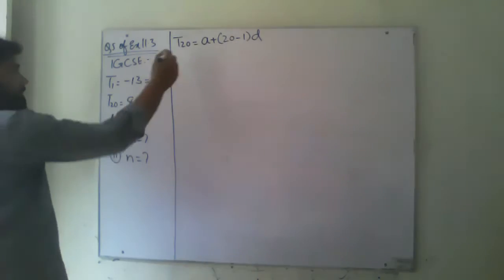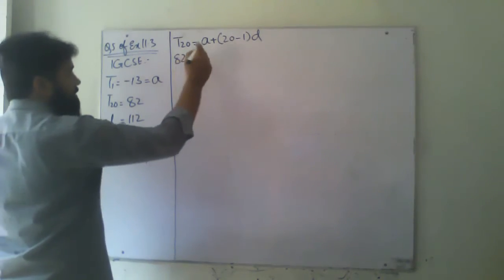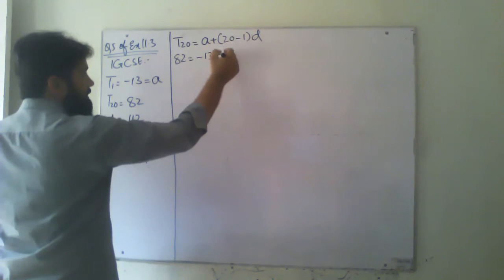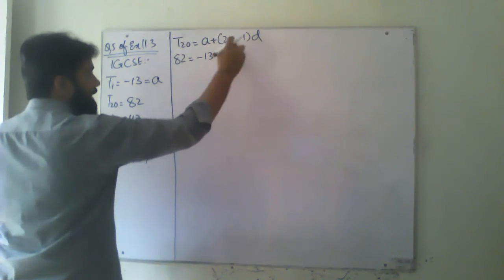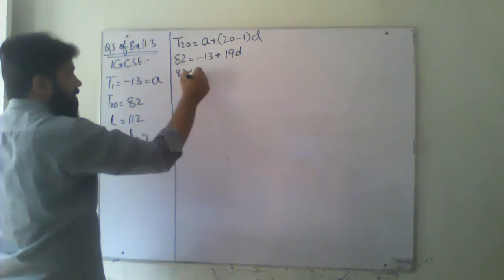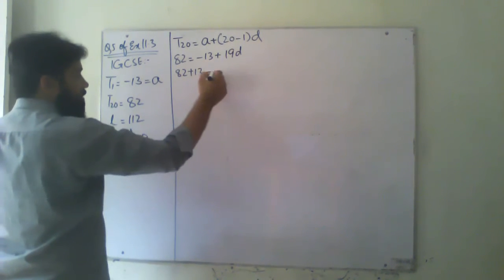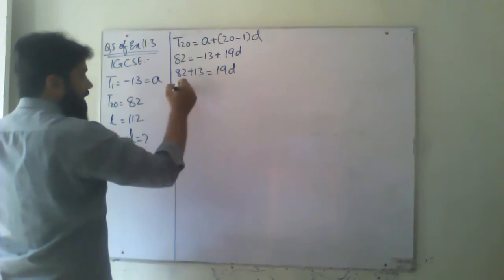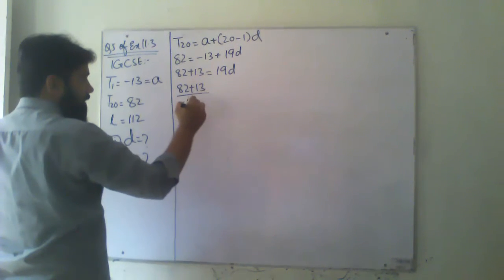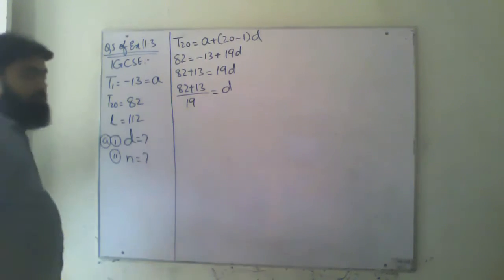So T20 will be equal to 82, equals A, which is given as minus 13, plus 20 minus 1, 19 into D. 82 plus 13 equals 19D, and 82 plus 13 over 19 equals D.